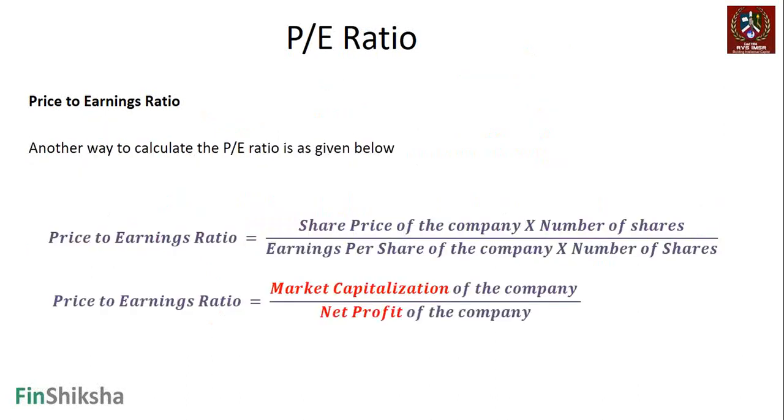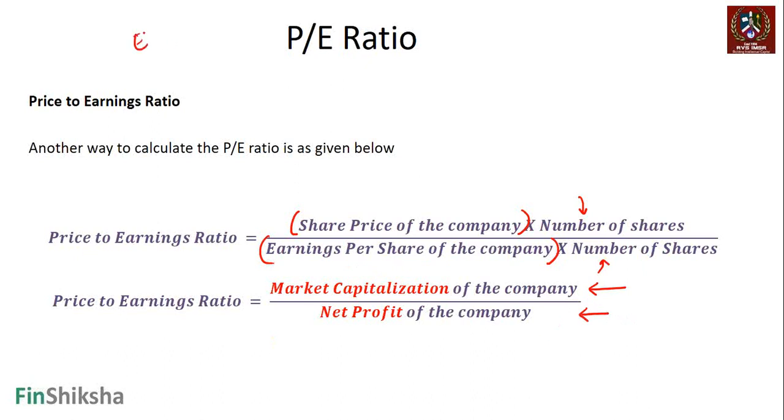There's another way to consider how we calculate the PE ratio. Remember we said share price of the company divided by earnings per share of the company. If we multiply the numerator and denominator by the number of shares, we can do that. The numerator becomes share price times number of shares, which is nothing but the market capitalization of the company. The denominator becomes earnings per share times number of shares, which is nothing but the net profit of the company.